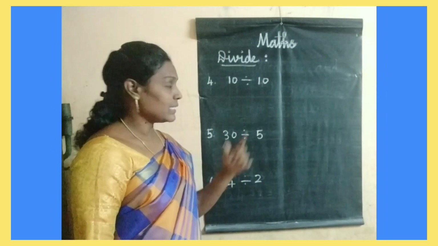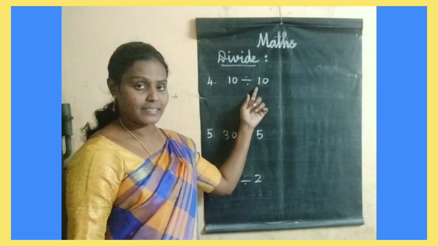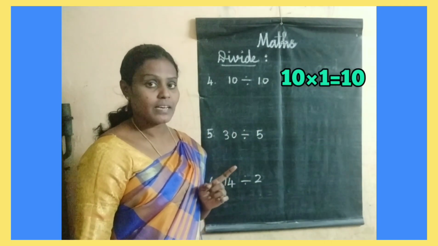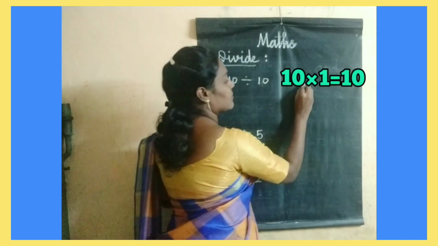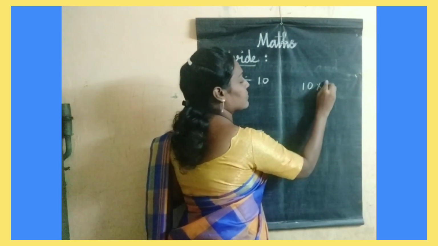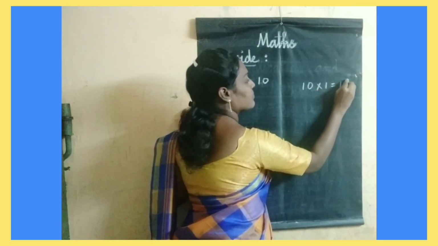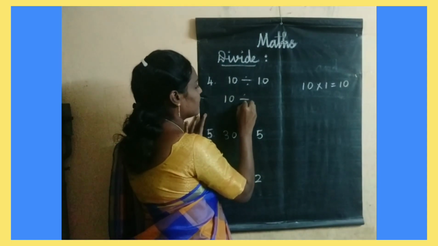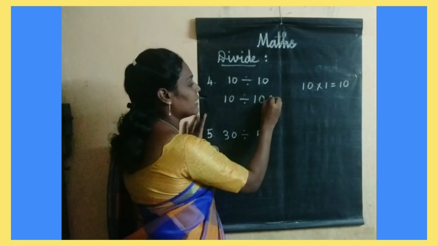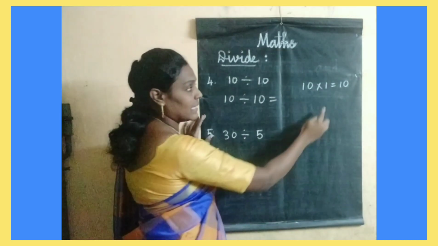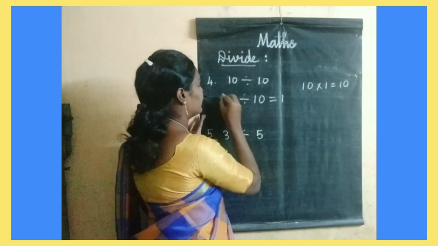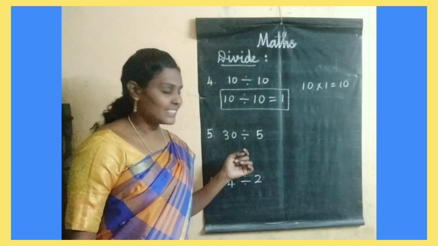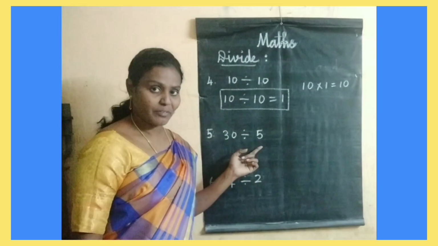Next, fourth one, 10 divided by 10. Let's say the 10th table. 10 ones are 10. So, 10 divided by 10 equal to, yes, 1. Next, 30 divided by 5.